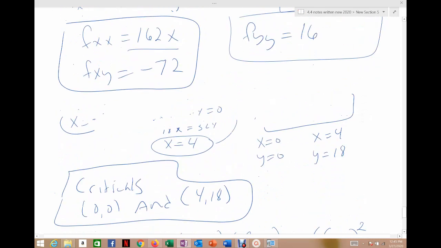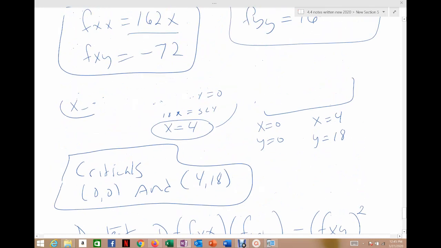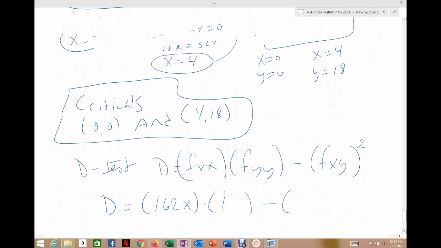Alright, so my D test is going to come out 162x times negative 72 minus, or not negative 72. I need to go look before I go. My yy, which was 16, and then the negative 72 goes here for the mixed. Alright, now that I get all my numbers in the right place, right?